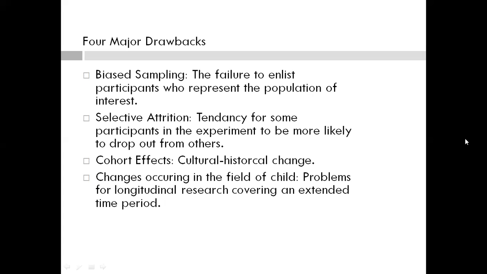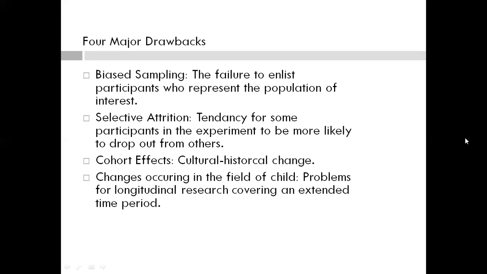The participants might have distinctive characteristics, so the researchers can find it a problem to generalize from them to the rest of the population, because they are different from most of the population. So it can cause a problem.